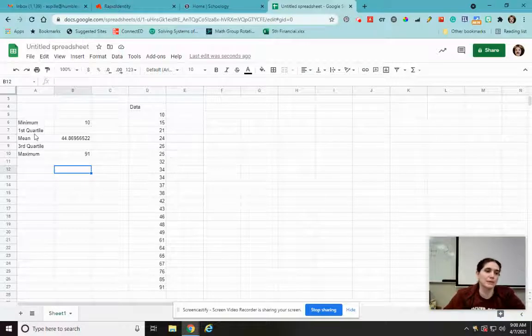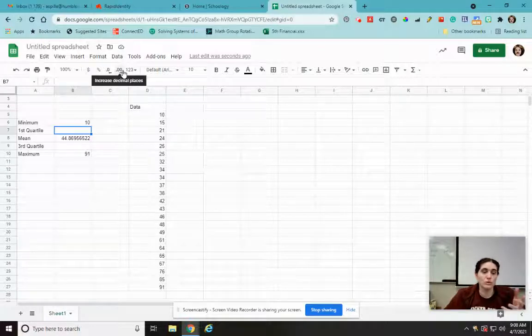In this case, instead of percent, we're looking at quarters. So this number would be at the top of that first quarter. This third quartile means it's at the top of the third quarter, so we've already gone through 75% of our data when we get there. Luckily, Google will count this for us.